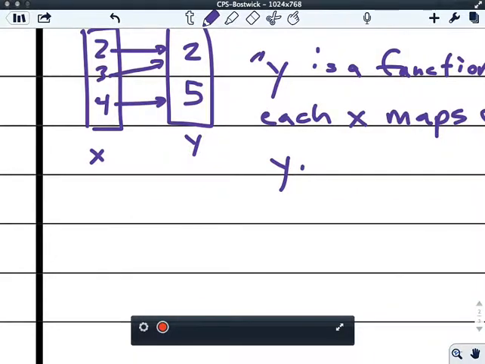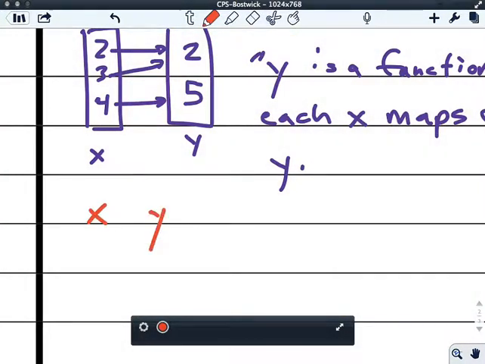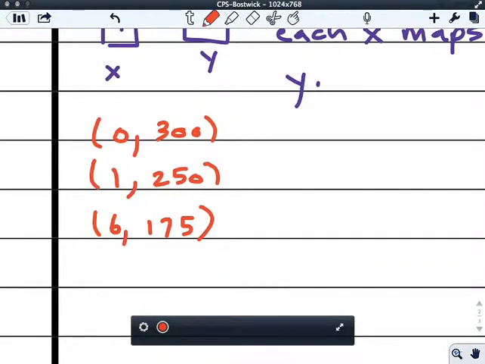All right, so let's say I have this table, however, or even let's do it as a list of points. Let's have the point 0, 300, 1, 250, 6, 175, and 9, 212. And let's call these the variables x and y. Okay, so this is another example.